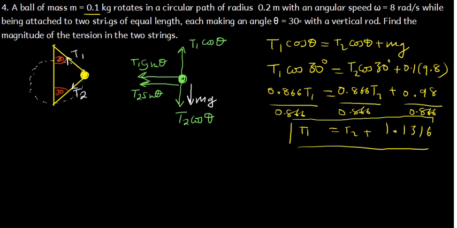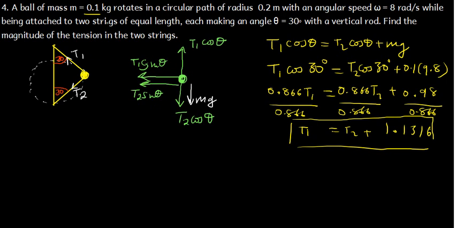Now let's go to the x components. When we are talking about the x components, we have got only motion in this direction. We don't have anything in this direction. And if we can notice, this ball is moving in a circle, so there is always a force that is pulling it towards the center of the circle.